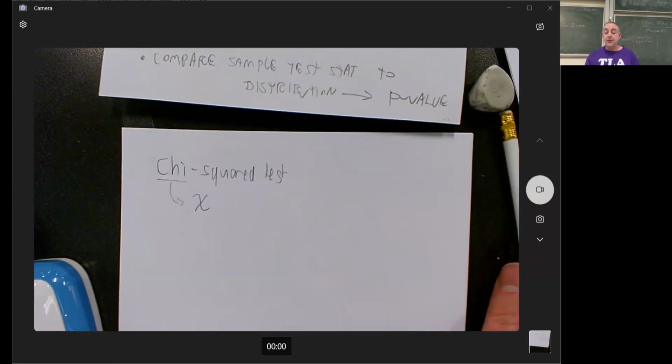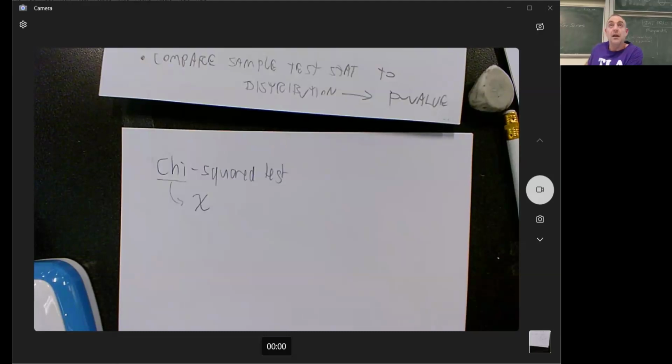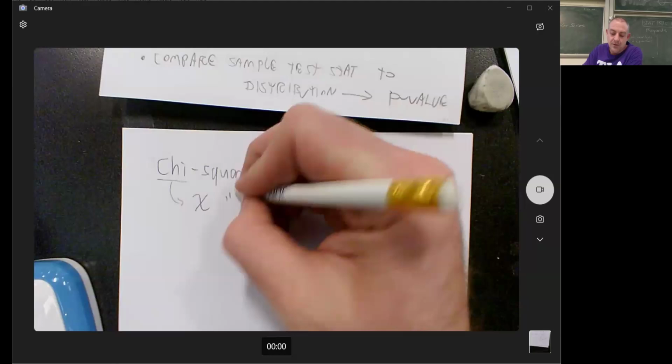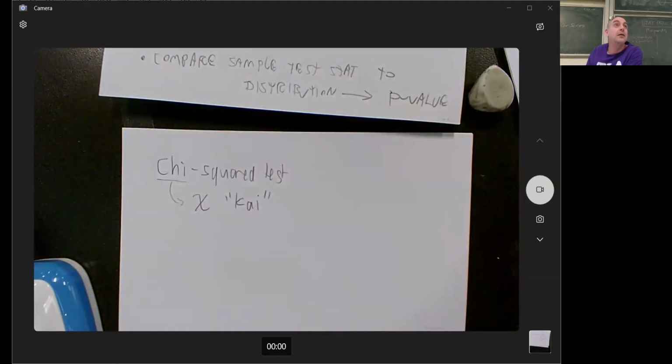I believe it is the letter at the beginning of Christ in Greek, so it makes a k sound, not a ch sound. So do not call it the "chi-squared" test with a ch sound. Everyone will look at you funny, or go, oh, look at this uneducated person who doesn't know how to pronounce this letter. If it was Greek, you could call it that, but in English, we pronounce it as chi.